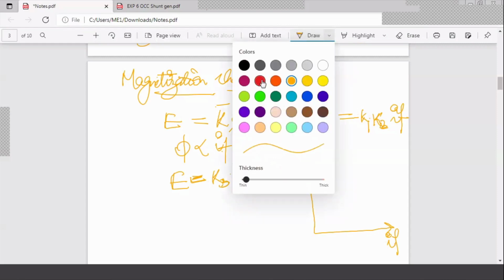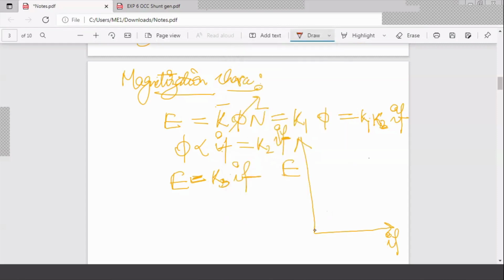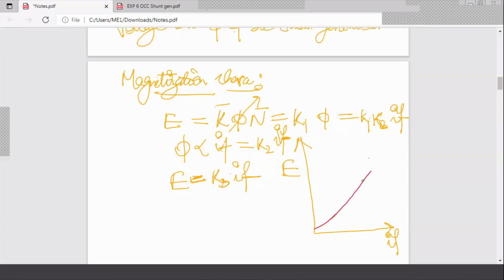So what will be the graph here? The graph will not start from 0, it will start from a small constant value, and it will initially vary linearly like this. There's a linear variation, y is equal to mx. But after some time, even if we increase the value of the field current, the generated EMF cannot increase linearly. Unlimited voltage is not possible, isn't it?